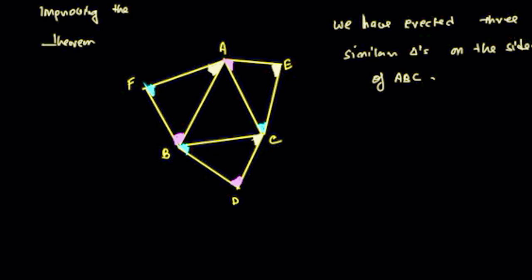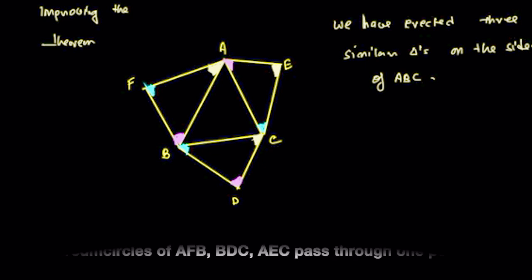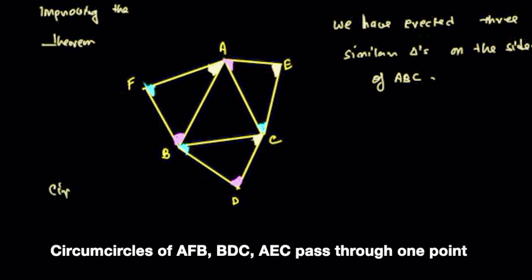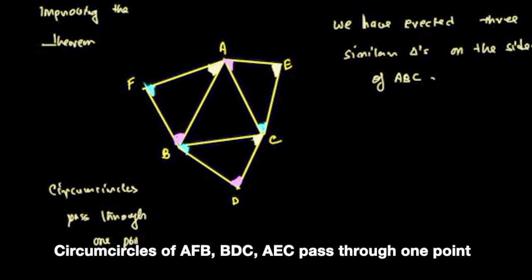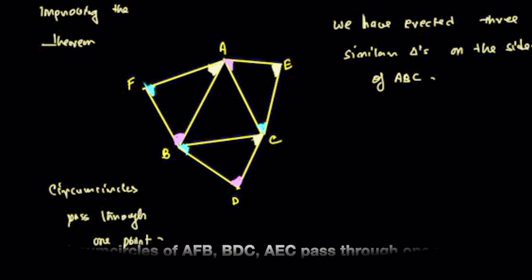We want to show that the circumcircles of these external triangles pass through one point. This is very easy given what we have done up to now.